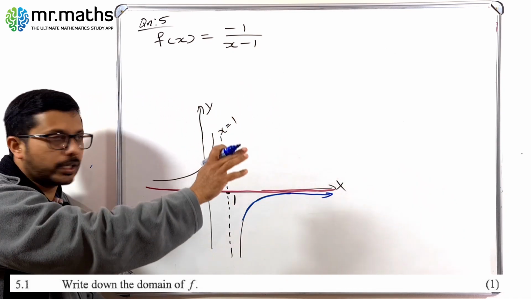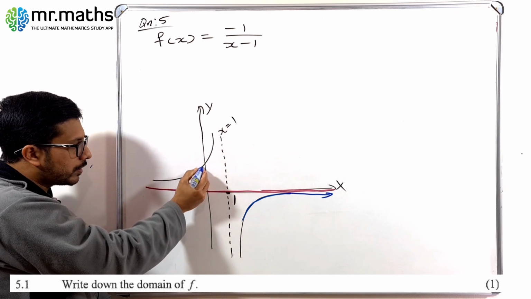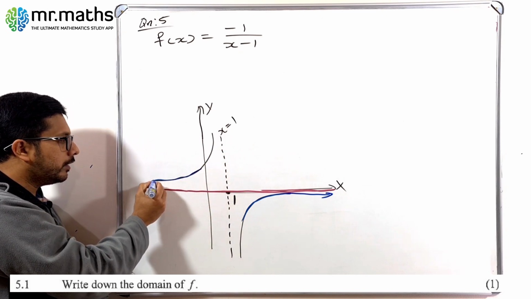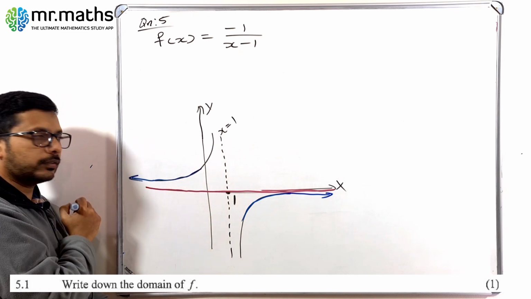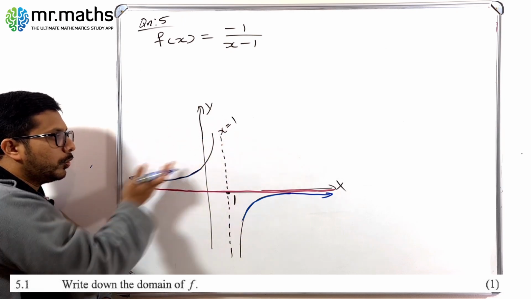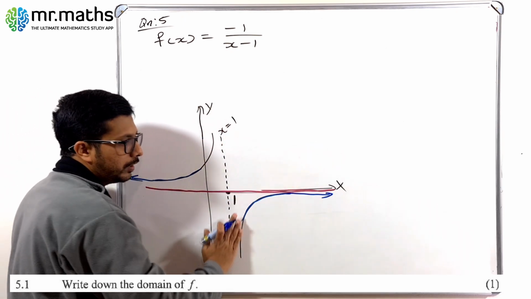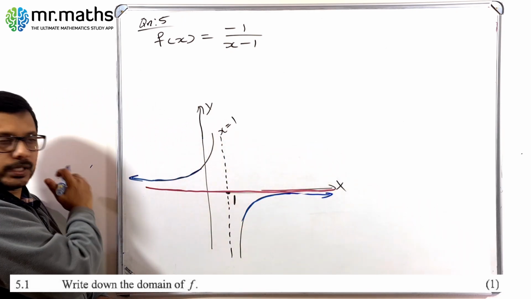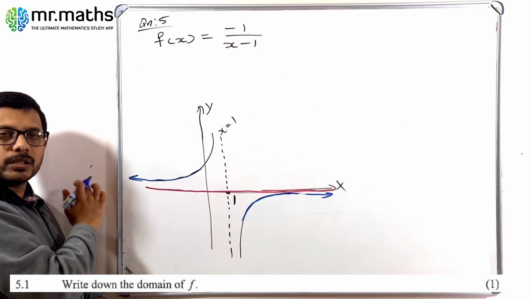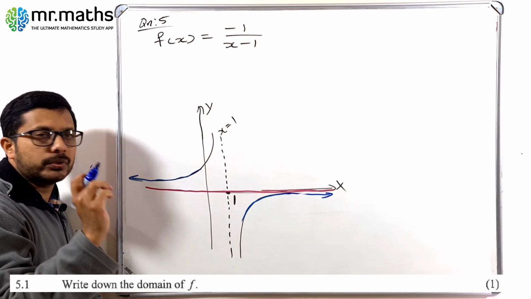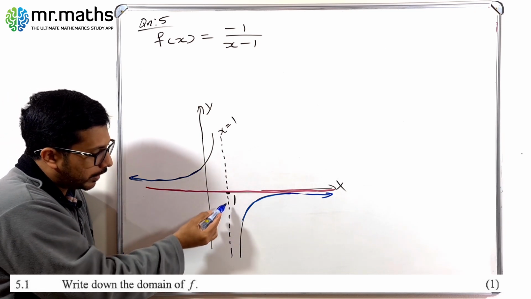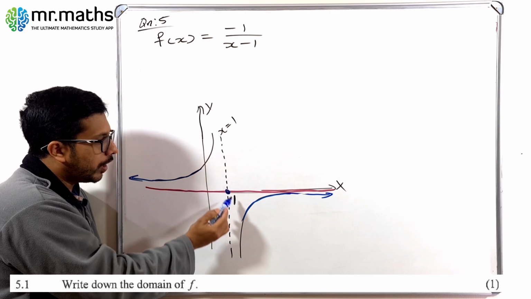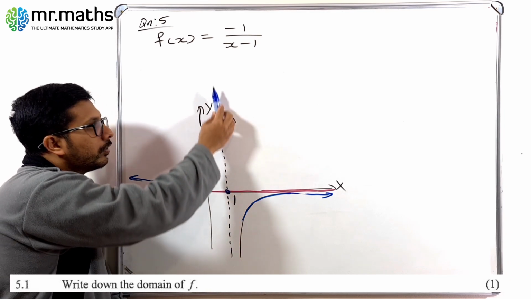There is no end. At the same time this graph is coming like this and it is going to this side. That means it is moving to both sides. But at only one x value, there is no graph. Which x value is that? When x is equal to 1, can you find any graph?